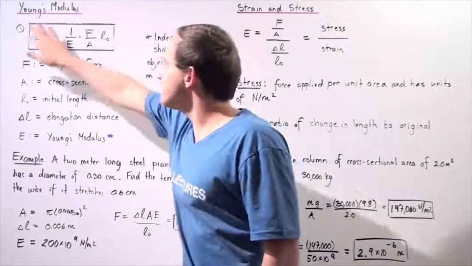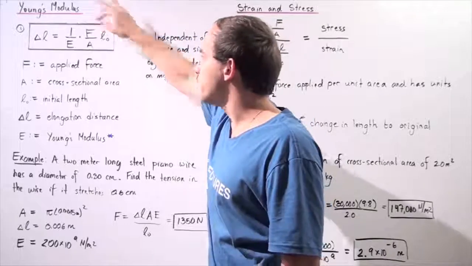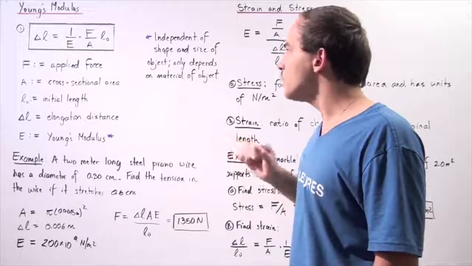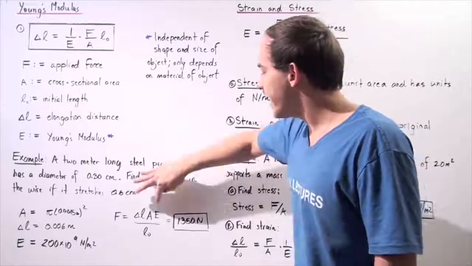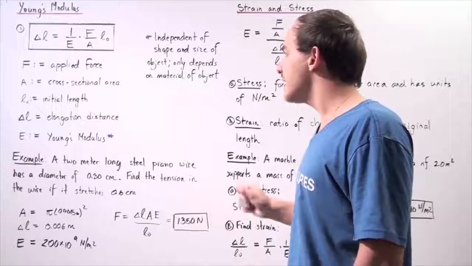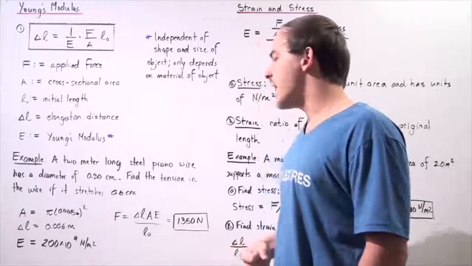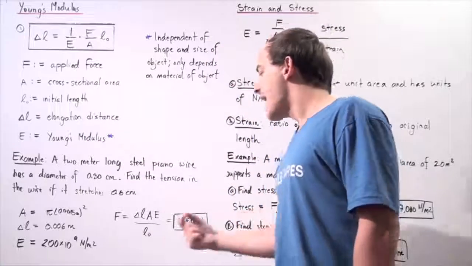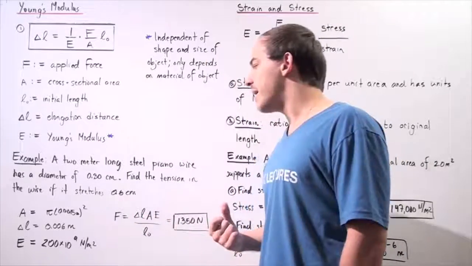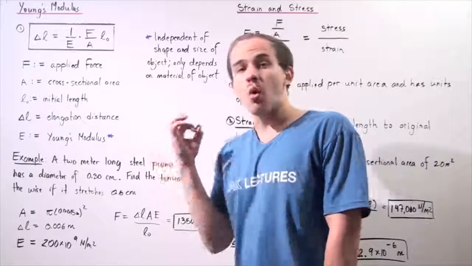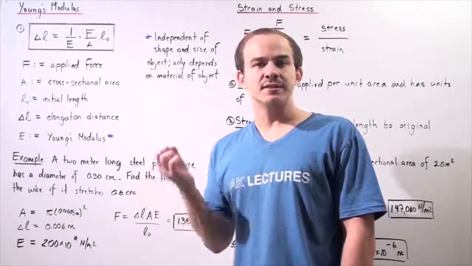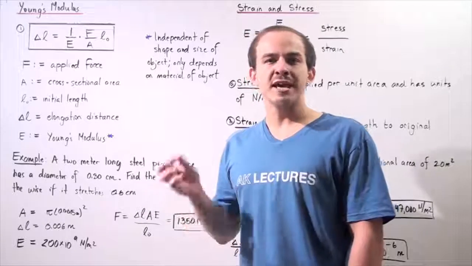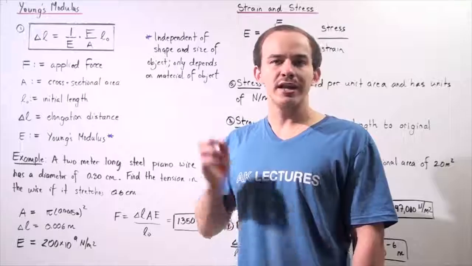So, we basically want to take this formula and solve for the force. And we see that force is equal to change in L multiplied by A multiplied by E, Young's modulus, divided by the initial length of the object. We know the initial length of the object is 2 meters. We can find the area by realizing that the wire is circular, so to find the cross-sectional area of the wire, we simply take pi and multiply by the radius squared.